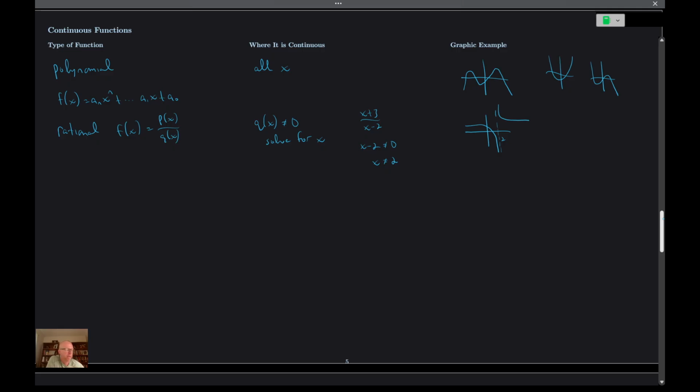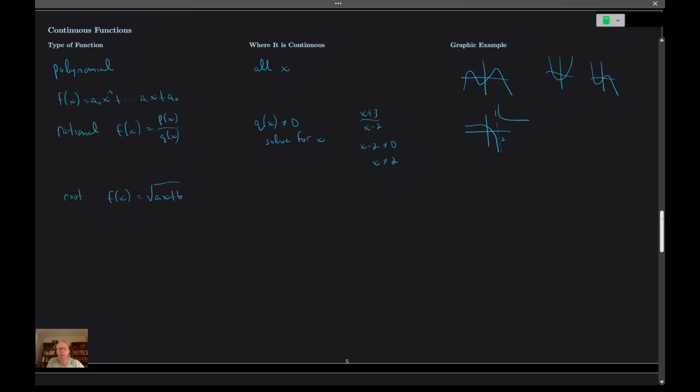All right, what about the next type? Let's say root functions. So f of x equals square root, and you can have anything under here. We'll just write ax plus b, but you can have whatever under here. Now, when you take a square root, if we're only speaking in terms of real numbers, you can only take the square root of a non-negative number.